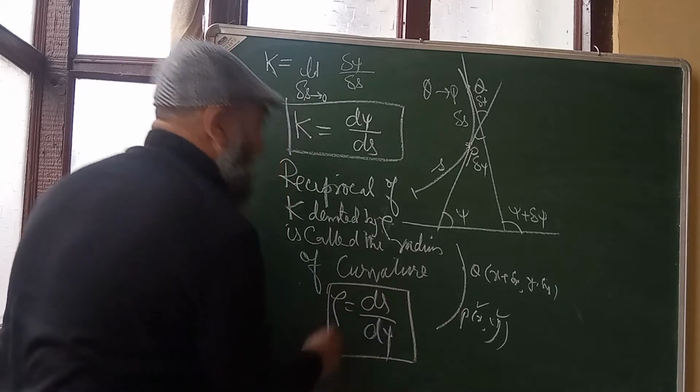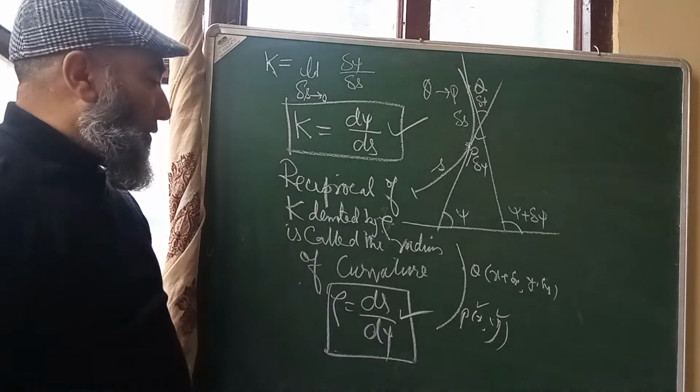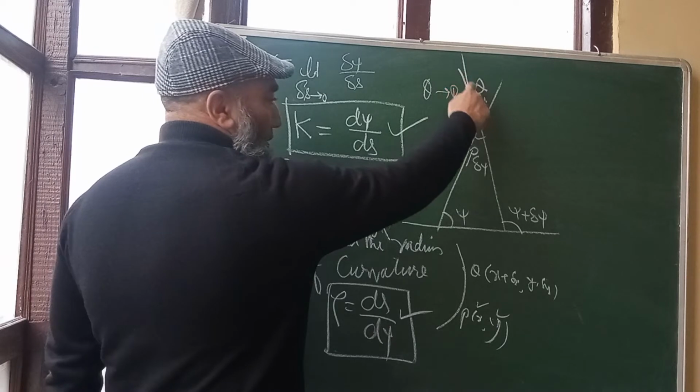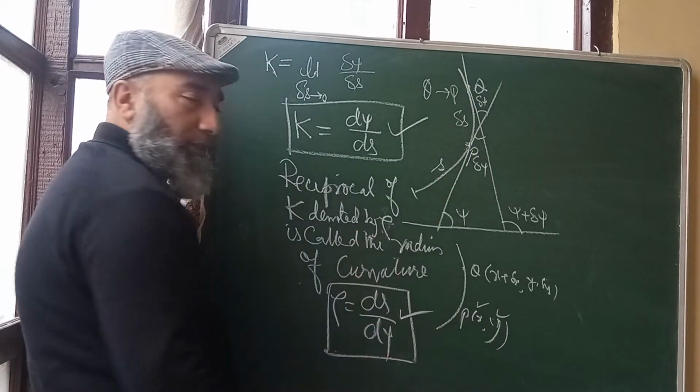So I will be using this one or this one in my future references. The curvature at point P is given by d psi by ds.